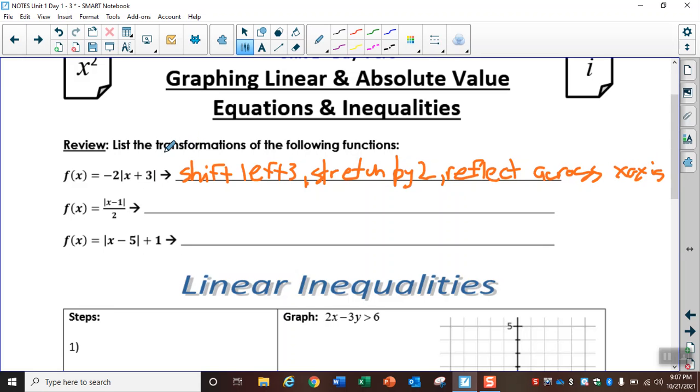So there are 3 transformations. The negative is your reflection across the x-axis. The 2 is your stretch by 2. And then inside, here's your absolute value. So the +3 is inside, so that's going to be a horizontal shift to the left 3.